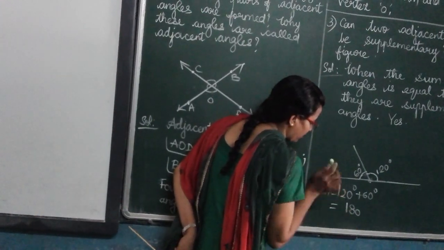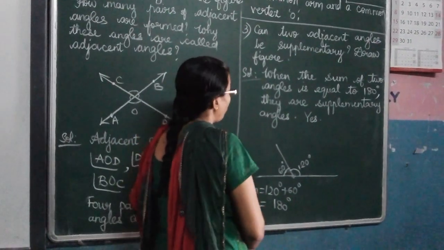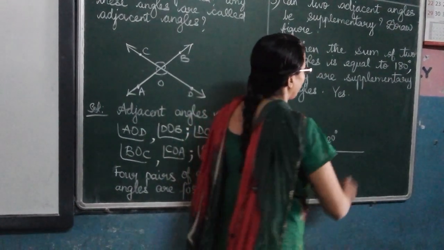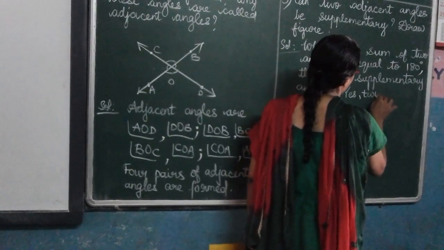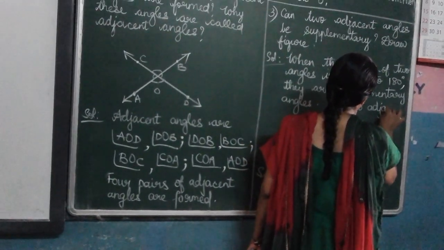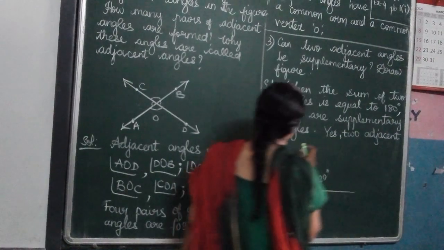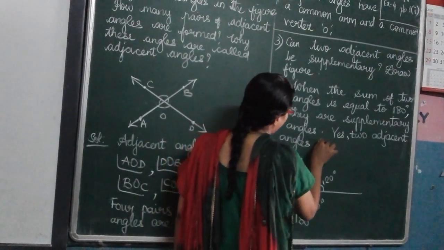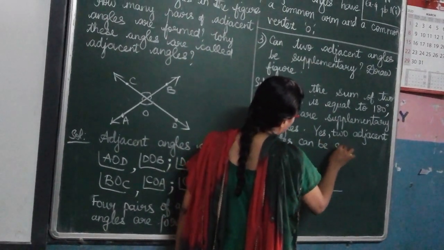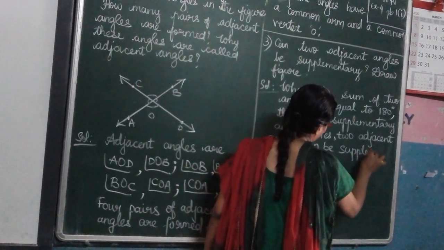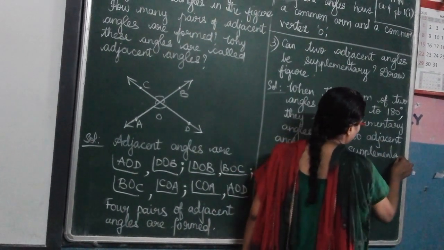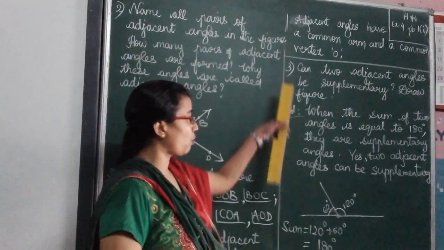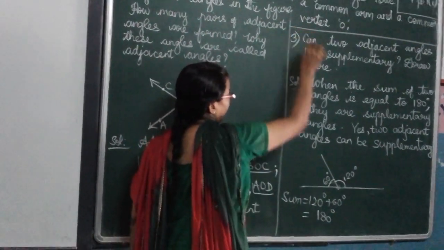In the 100's place we have only 1, so it is 180 degrees. So the question, can two adjacent angles be supplementary? Yes. Two adjacent angles can be supplementary, and they asked you to draw the figure, you have drawn. Copy this, children.